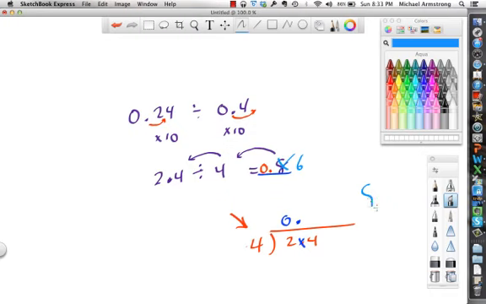I almost made a ghastly mistake. 0.6, because 6 times 4 is 24. 0.6 times 4 is 2.4. So that's going to work out. Anyway, this one is 0.6. You can see if you multiply back, 6 times 4 is 24. Okay, so giant mistake.